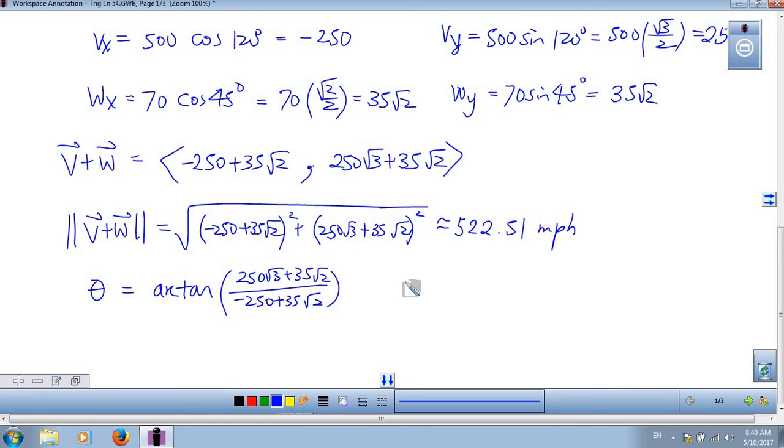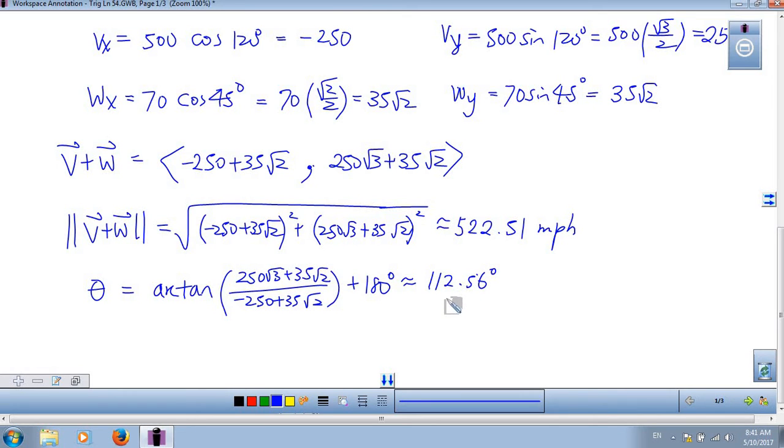The airplane shouldn't be blown all the way off course, heading north to east instead of northwest. So we should expect this angle to be in quadrant 2. Let's plug it in again and see what the angle is. Now, if it's in quadrant 2, we need to add 180 degrees. So let's remember that. After that we get about 122.56 degrees, so it's still off course by about 8 degrees.